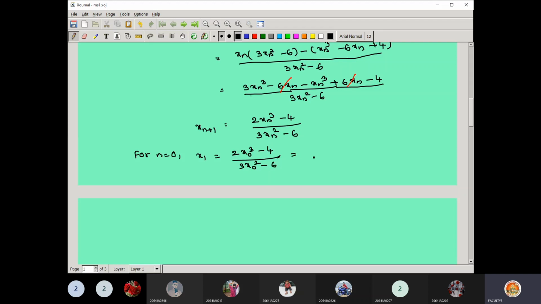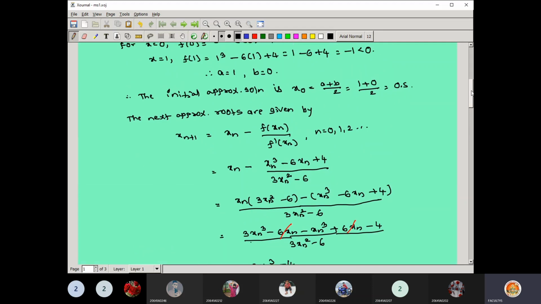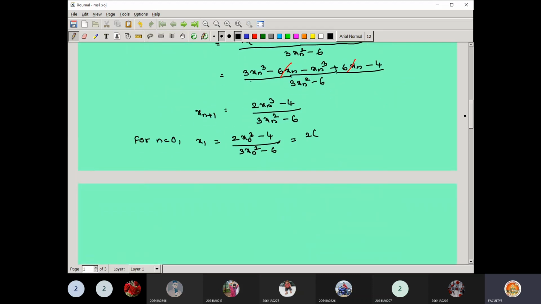Just I am substituting n equal to 0. 2 into x0, already we have calculated, which is nothing but your starting solution x0 value, it is 0.5. So that value I am substituting here, 0.5 cube minus 4 divided by 3 into x0, means 0.5 square and minus 6.